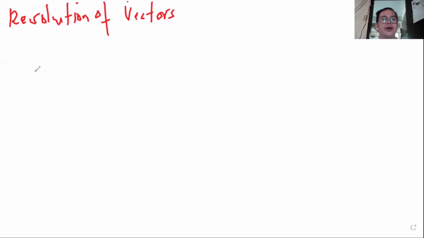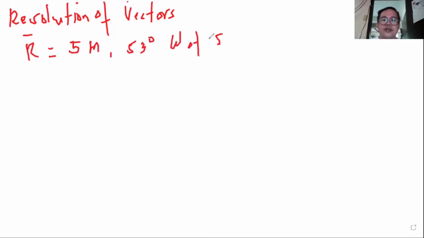If you remember, the resultant vector in our perpendicular lines, case number 2, which we encountered last week, our answer is 5 meters, 53 degrees west of south.